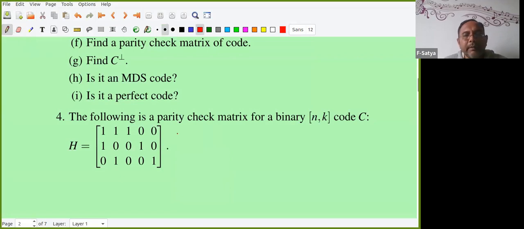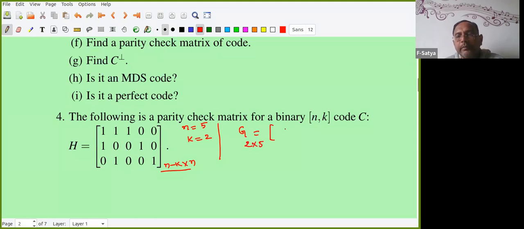See, what is it that I'm telling? So here n is equal to 5, k is equal to 2, because this is of size n minus k cross n. Okay, so you understood this. Now what is G? G is of size 2 cross 5, and first comes the identity matrix.